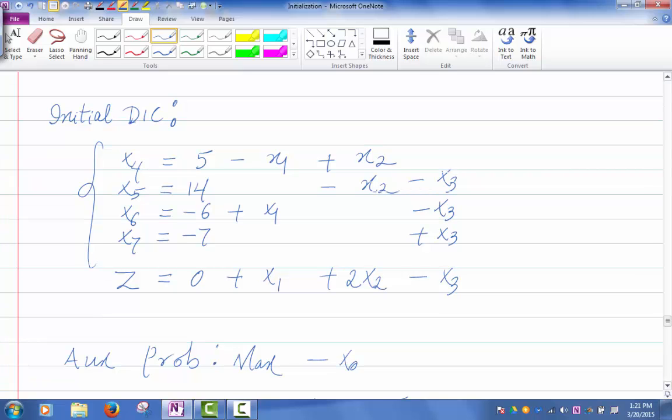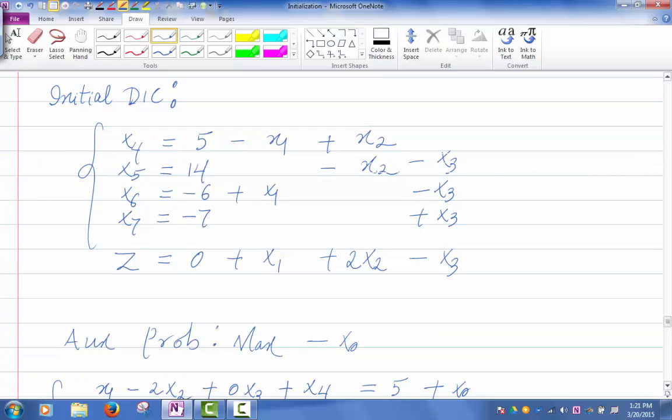The initial dictionary is this one. So once my initial dictionary is infeasible, then what is my trick? My trick is to turn to the auxiliary problem. So we're going to set up the auxiliary problem. How do I set up the auxiliary problem? Well, the objective function for the auxiliary problem would be that you will be maximizing negative x0, and then you are going to be adding an auxiliary variable.